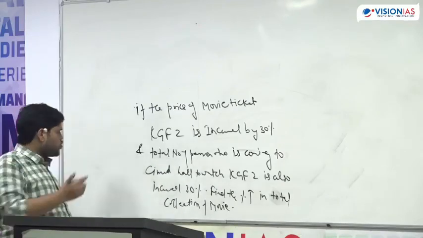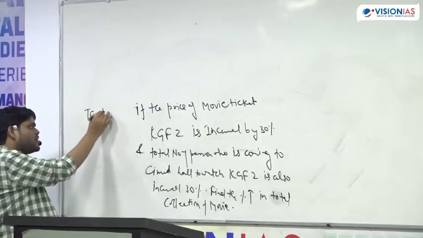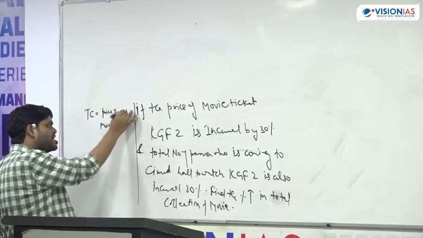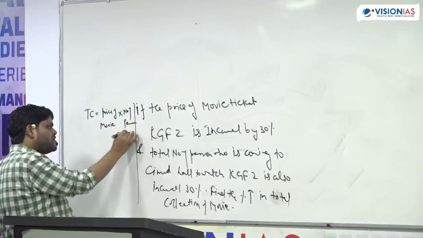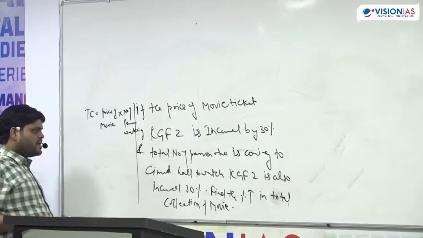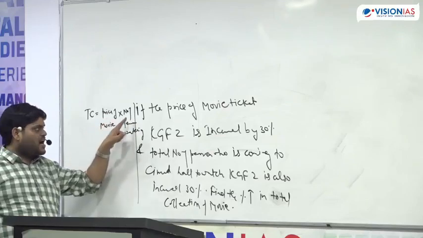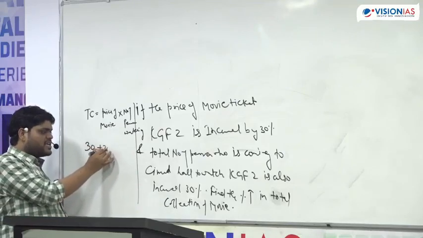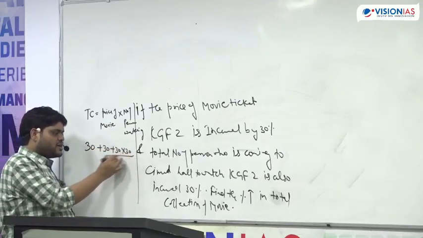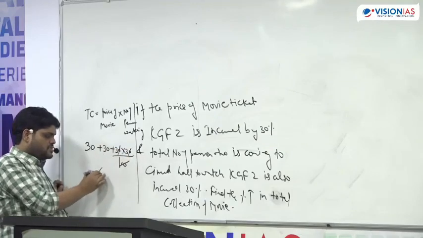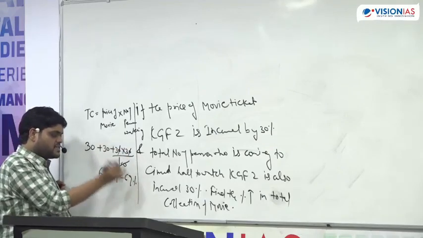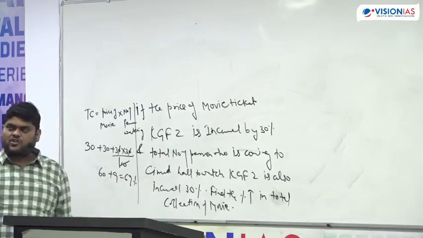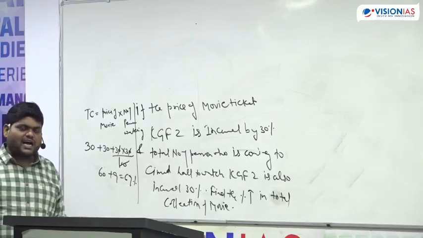So total collection is equal to price of movie ticket into number of persons watching movie. One is increased by 30%, other is also increased by 30%. So we can apply simply the AB formula: 30 plus 30, plus 30 into 30 upon 100, that is 60 plus 9, that means 69% increment. There is an increment of 69% in the collection of the movie.